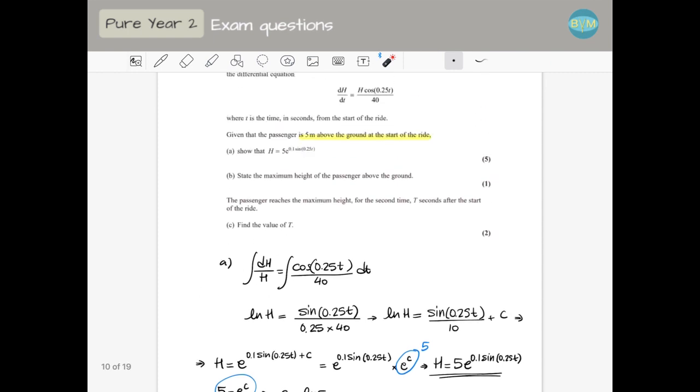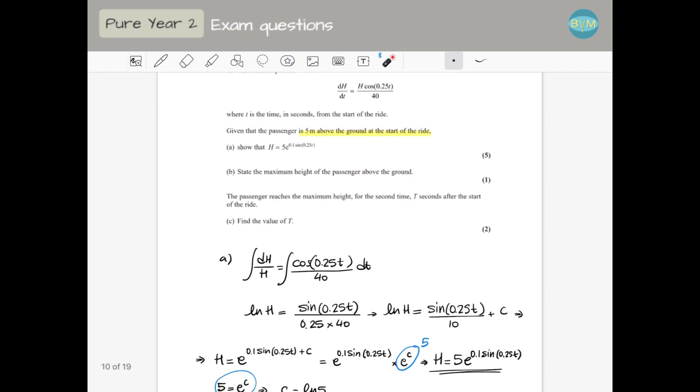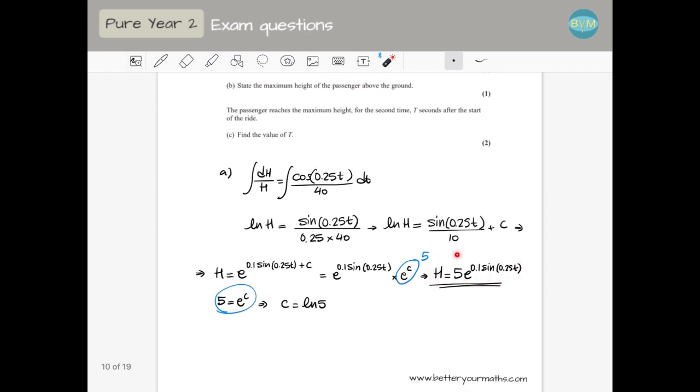Then next it says state the maximum height of the passenger above the ground. This height is going to be maximum when sine is maximum, so when this is 1, the maximum value of sine. So my maximum height is going to be 5 e to the power of 0.1 times 1.